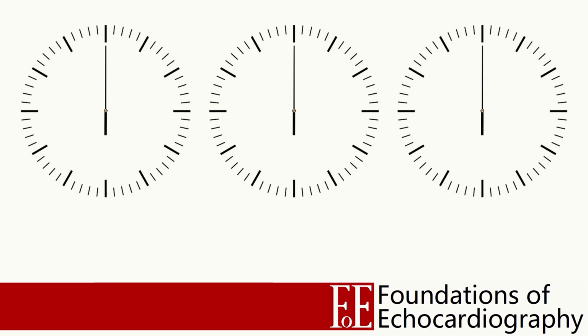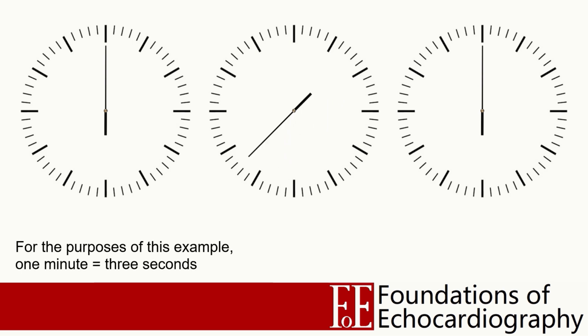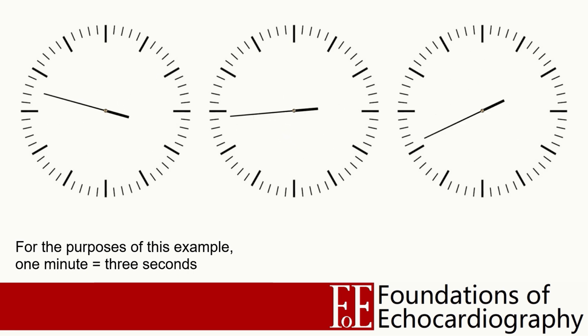Let's imagine a different example. Let's imagine we have 3 clocks side by side, and the clock in the center is working normally. The second hand rotates clockwise once per minute, but the clock on the left and right are both broken. The clock on the left has a second hand but rotates anti-clockwise 3 times per minute, whilst the clock on the right has a second hand but rotates clockwise 5 times per minute.